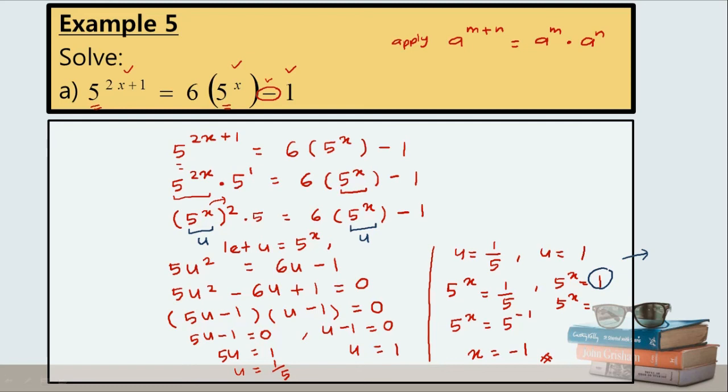So, since we have base 5 here, we can use 5 to the power of 0 because 5 to the power of 0 is equal to 1. Okay, so now we have 5 to the power of 0. We have base 5 and base 5. That's why our x is equal to 0. So the final answer is x equal to negative 1 and x equal to 0.